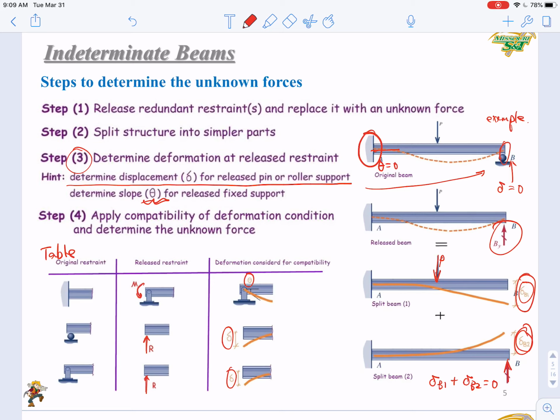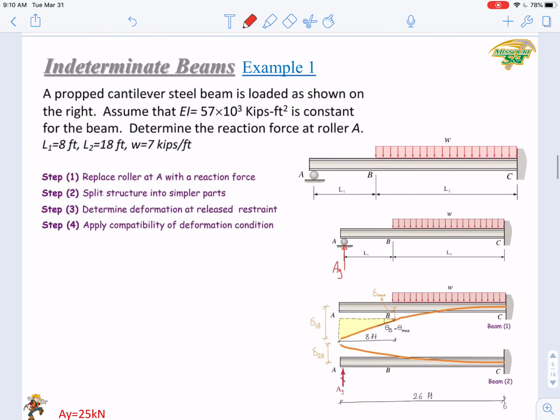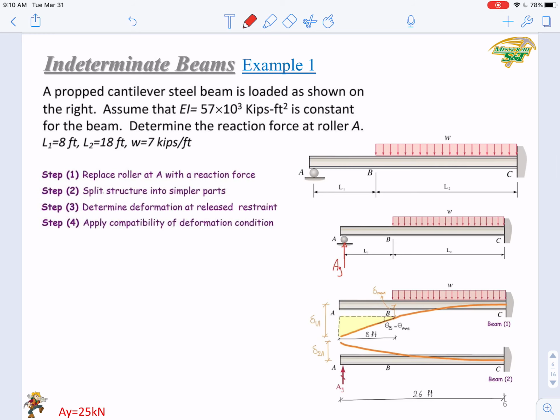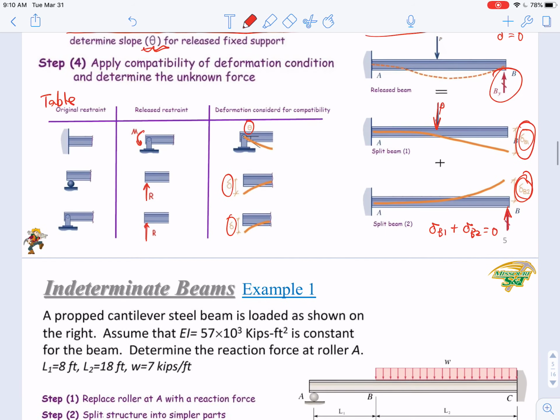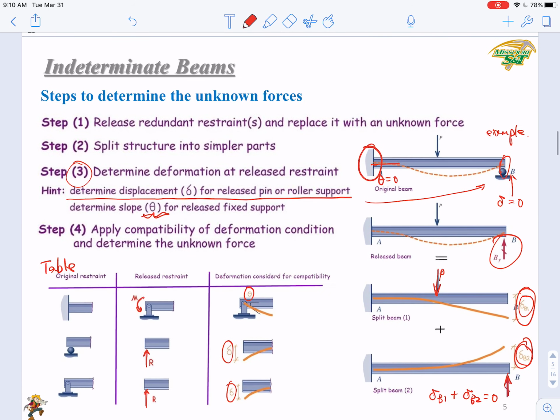Theta equals 0. Those are the normal boundary conditions that you can leverage to write the equation, which helps you solve the reaction forces. Later we will have several examples that will help you understand how to solve the reaction forces in indeterminate beam systems.